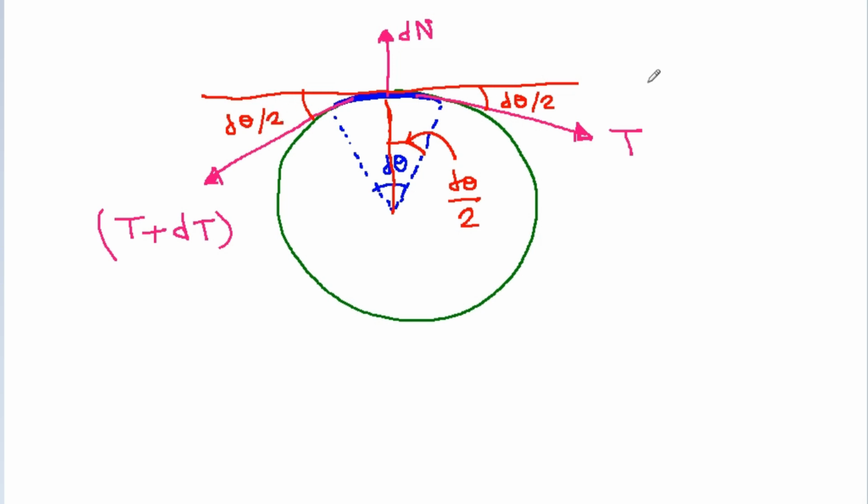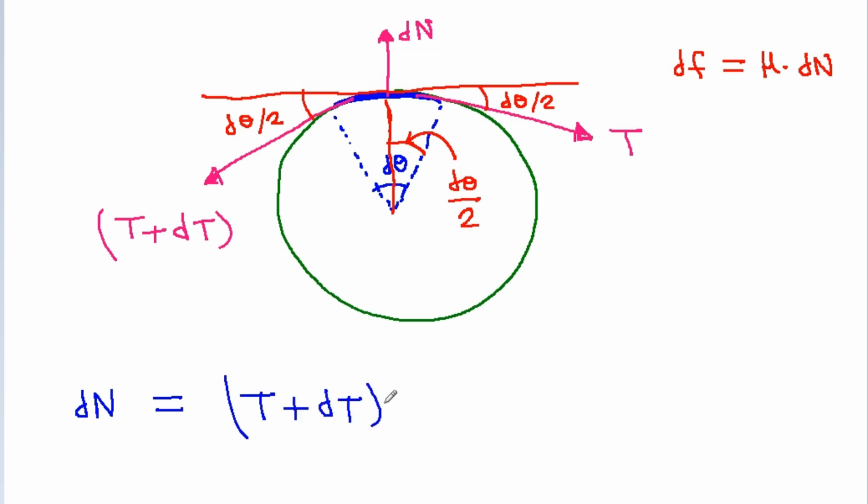So we can say that the elementary friction dF is equal to mu times dN. If we balance the vertical forces, then we get dN is equal to (T plus dT) sin d theta by 2 plus T sin d theta by 2.